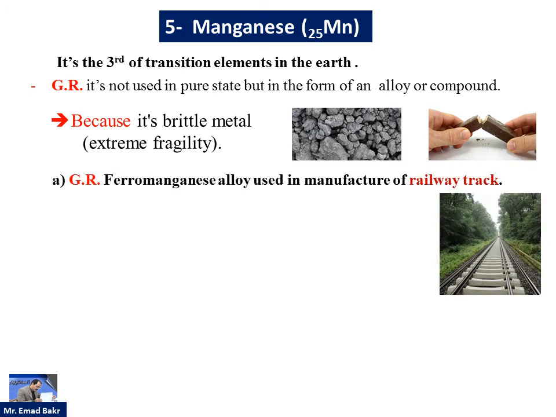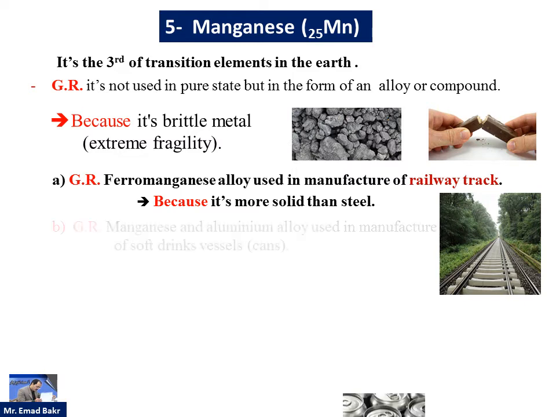Give reason, ferromanganese alloy, manganese added to steel, added to iron, used in manufacture of railway tracks. Why? Of course, because it is more solid than steel.